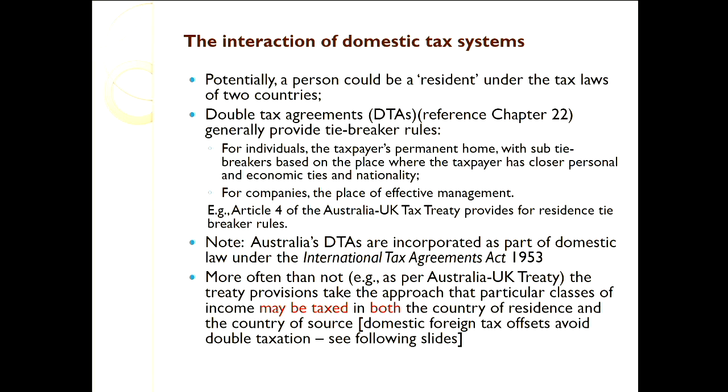But the thing is, and this is the point I made on the slide, and it's a new point, so it's not in last semester's slides, since I've been thinking about it more, these treaties take the position that tax may be charged by both countries with respect to various kinds of income, right? That's the case with the Australia-UK tax treaty, with the articles, and it's really quite a short agreement.